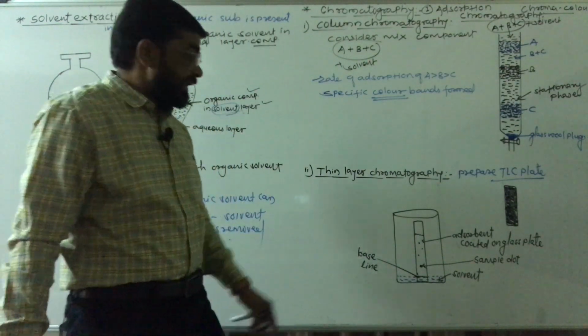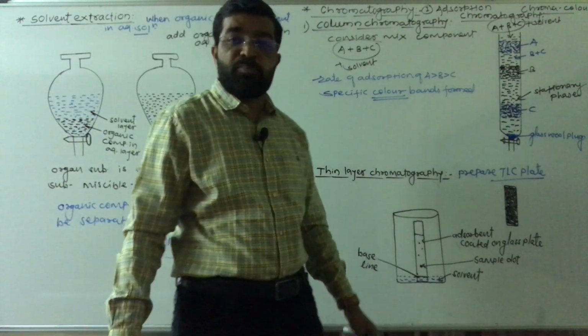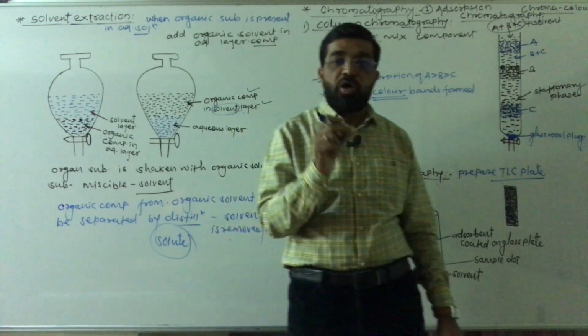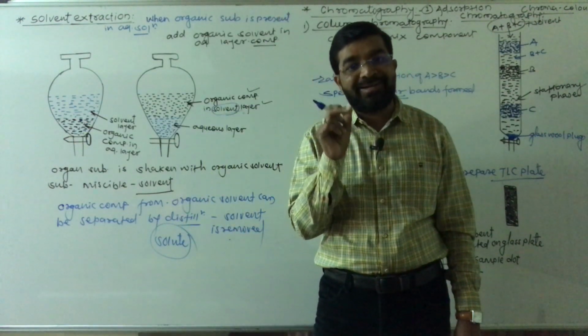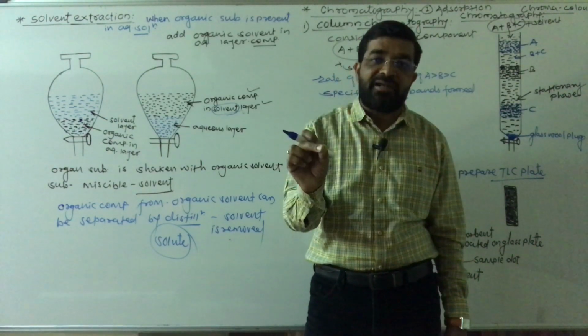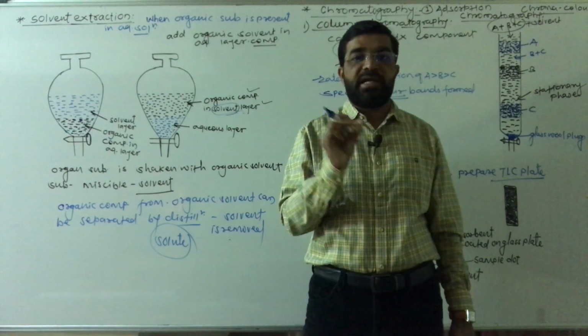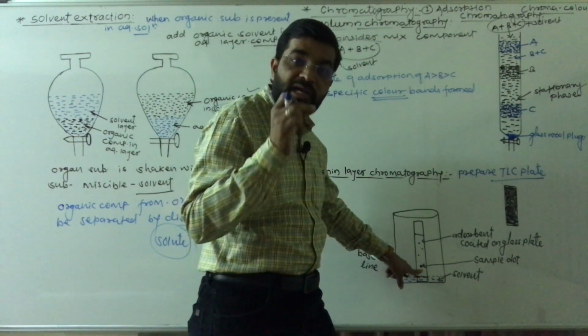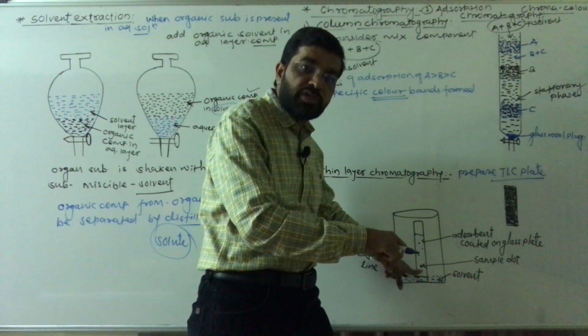Okay. Now on this TLC plate there is formation of very small colored dots, spots, and by using those colored spots we can identify what components are present in this mixture.